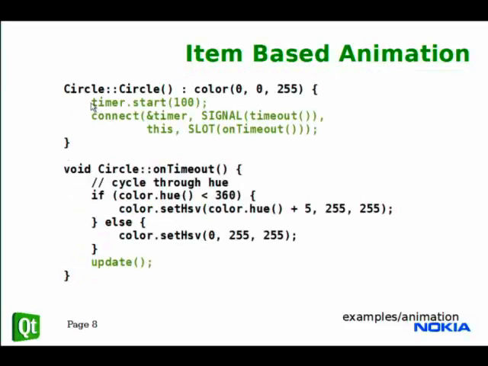When we create the circle, we start the timer. We're saying 10 times a second, or every 100 milliseconds, we want to call onTimeout. And what does onTimeout do? It just cycles through the hue and calls update. So update here is how we schedule a call to paint without calling it directly, because paint has to be called from the GUI thread.